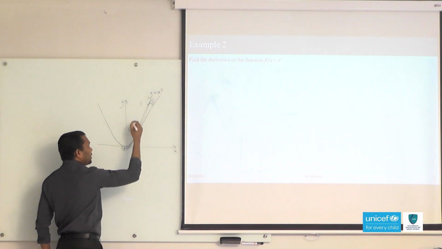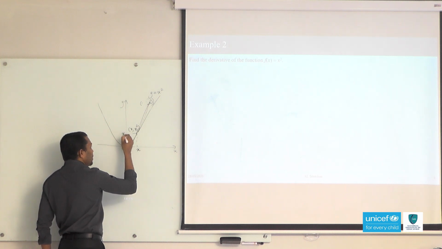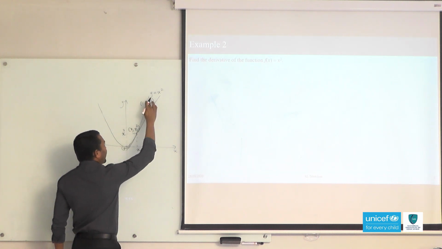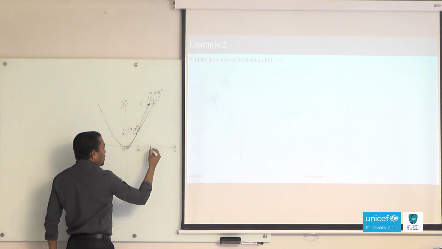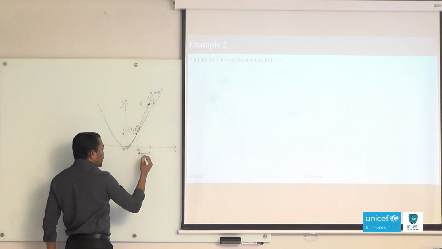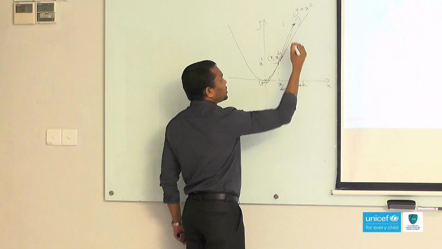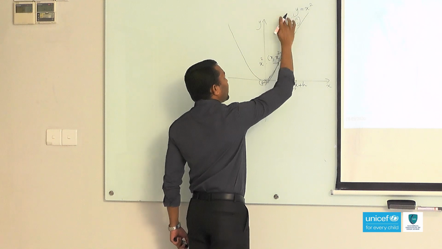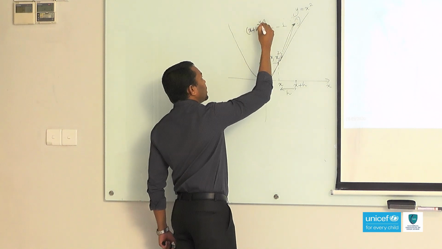The y coordinate is x squared in general. So, the x coordinate is x, the y value is x squared. I am going to take another arbitrary point on the curve that is at a distance h units from x. So, the x coordinate would be x plus h. Hence, the y coordinate would be x plus h whole thing squared.